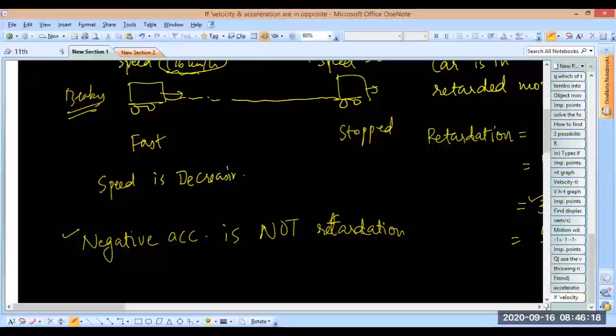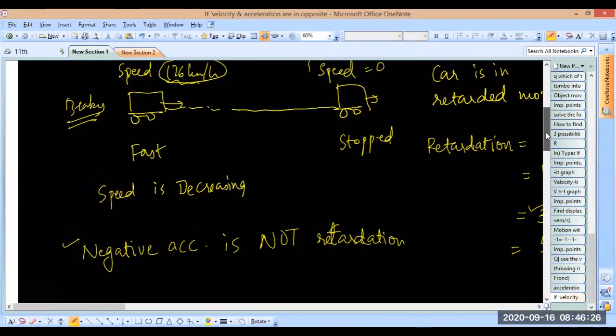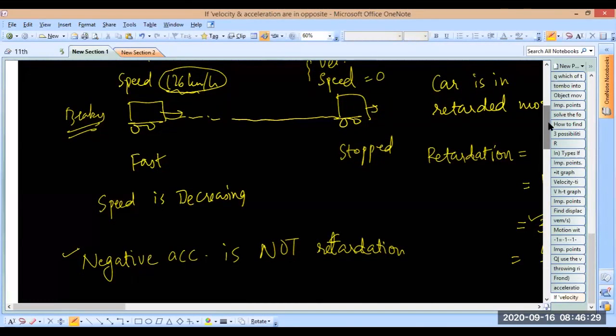Otherwise, retardation means nonsense. So that's the whole thing about retardation. Please keep this in mind and please forget what you know from 9th standard. This sentence is very important. Negative of acceleration is not retardation. You don't have to put retardation in modulus. You have to put acceleration in modulus, and then that gives you retardation.